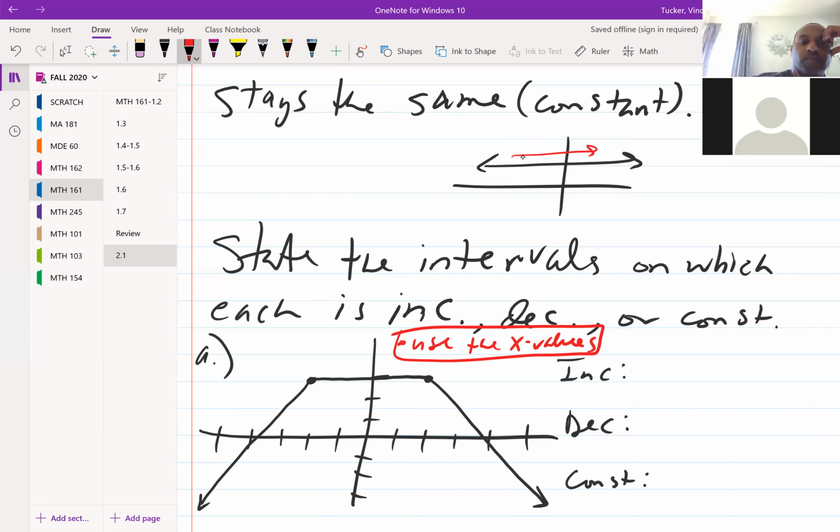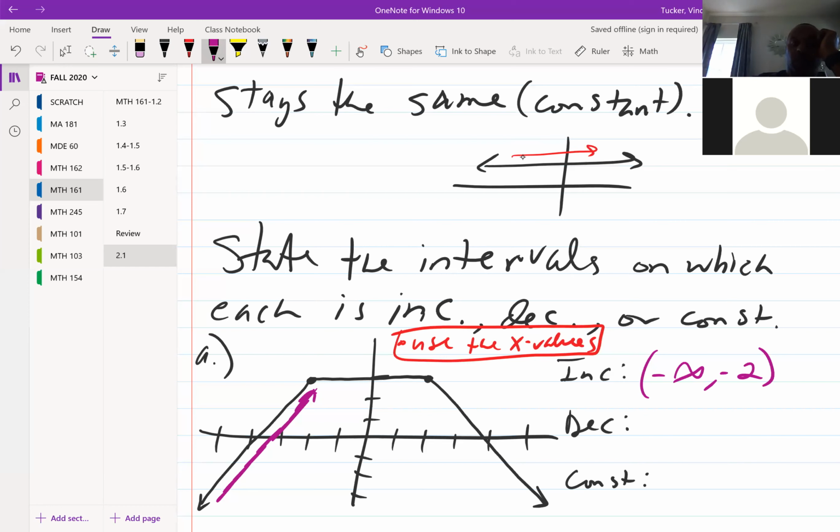So when I look at this first interval, this right here, and I probably should have gone purple, a little brighter, more distinct. So this is my first interval or change. Reading it from left to right, I'm going up. So I'm coming from negative infinity to -2.